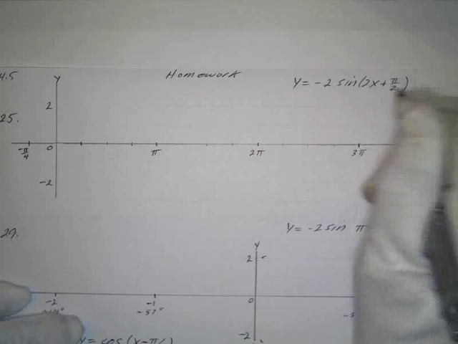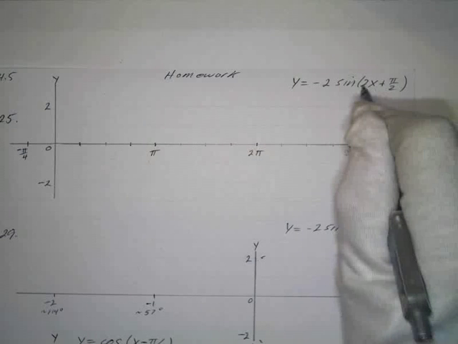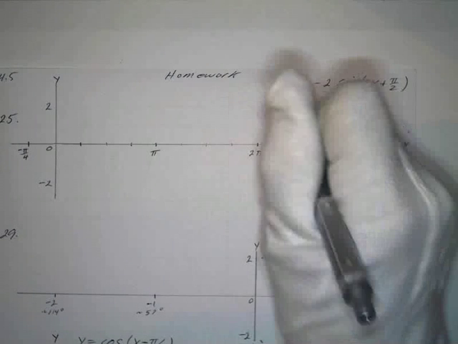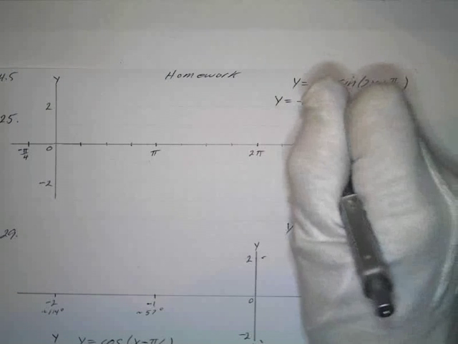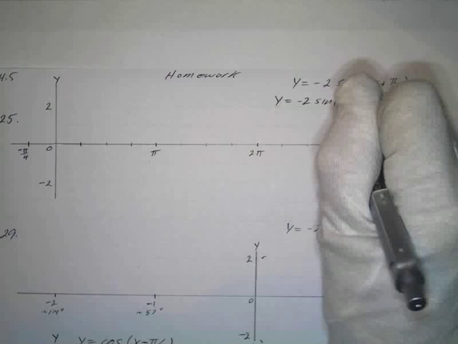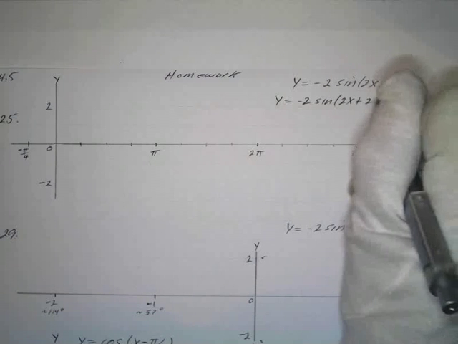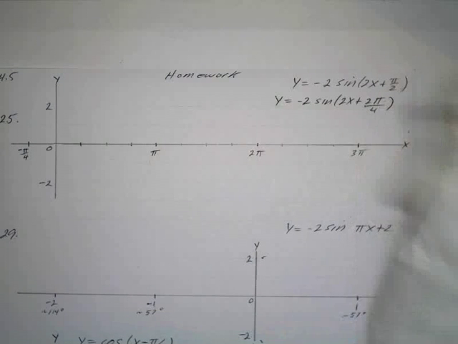So first of all, I want to figure out what my phase shift would be, and I can only have an x in front here. I can have an x, not a 2x, so I've got to get the 2 out, so I'll rewrite this. Y equals negative 2 sine, and then I'll write 2x, and then I'll make this 2 pi, multiplying the top and the bottom by 2, so 2 pi over 4.